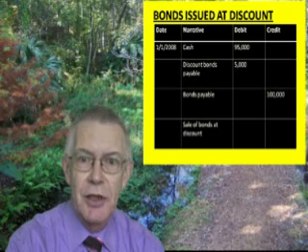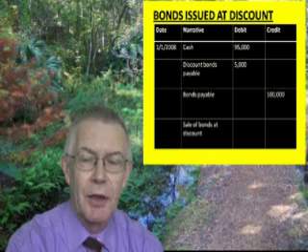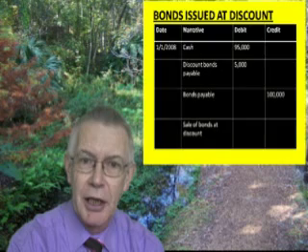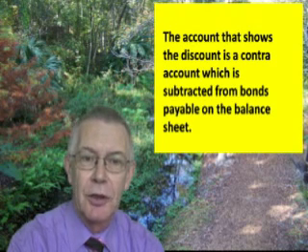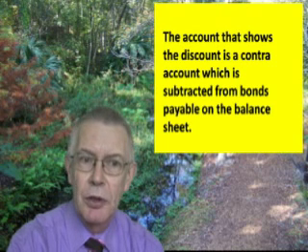To enter this into the accounting records, we need to record the amount of discount that has been given. An account known as the discount on bonds payable is used, and this is considered as a contra account. The cash realized would be $95,000 for every $100,000 of bond issue. The bonds payable sum is still recorded as $100,000.